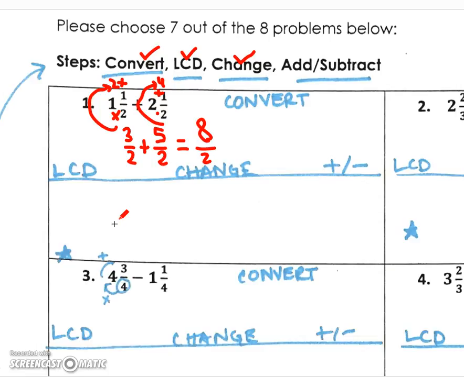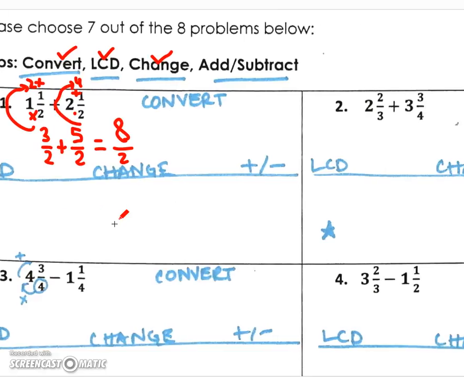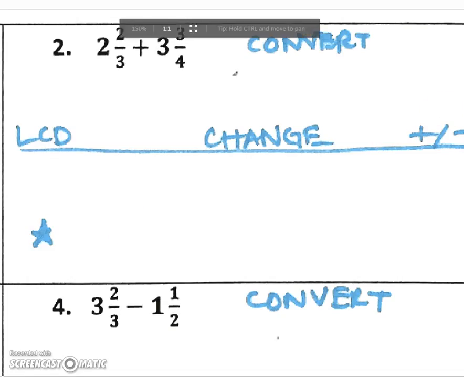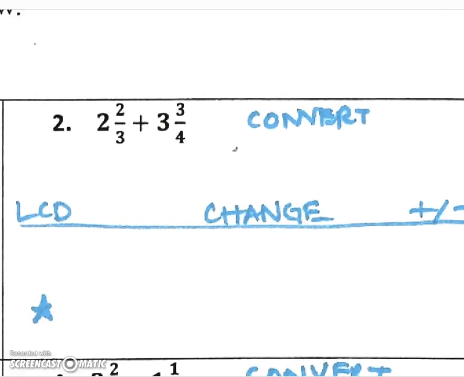Okay, let's do the same thing, only this time let's challenge ourselves to have a different denominator. So our first step again is we have to convert our mixed number into an improper fraction.